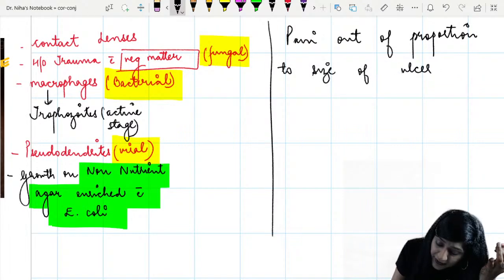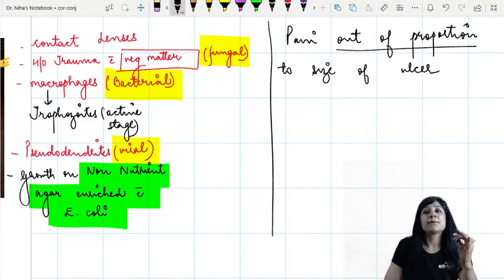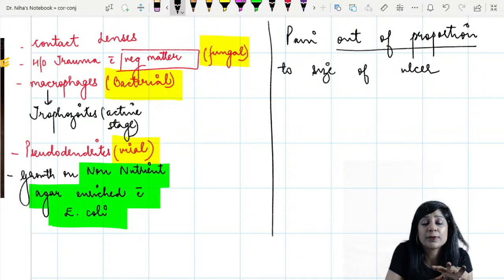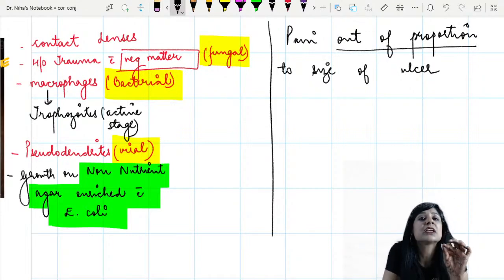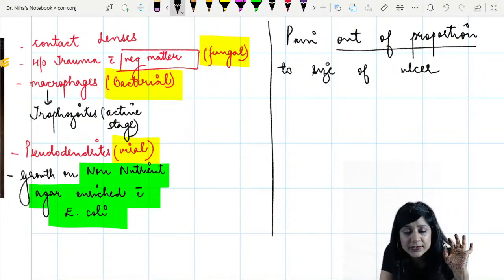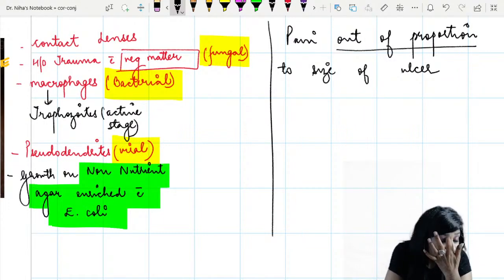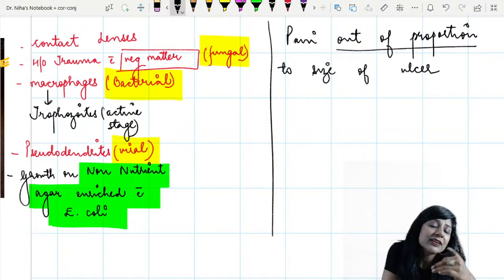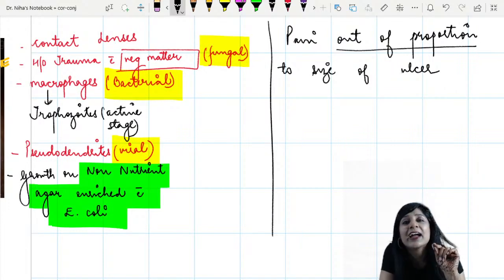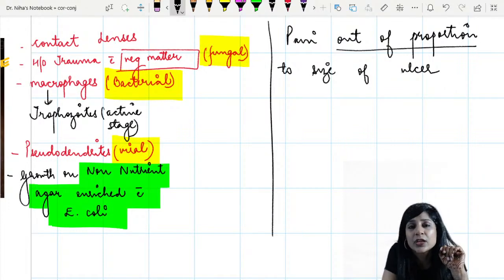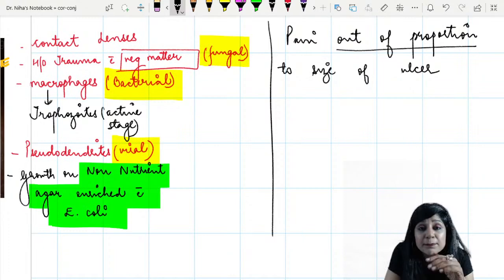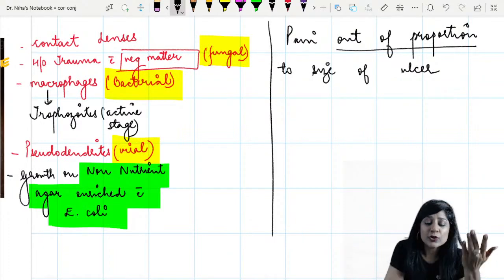Bacterial ulcers were also very painful, but there the pain was in proportion to the size of the ulcer. In fungal, it was painless. What about viral? There we are having decreased corneal sensations. Why do we have decreased corneal sensations? Because the virus goes and hides in the trigeminal ganglion. But here the pain is more than the size of the ulcer.